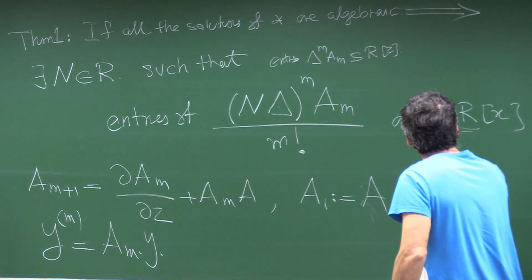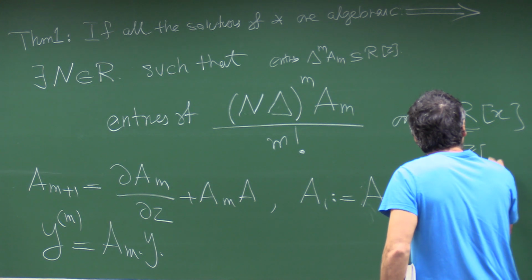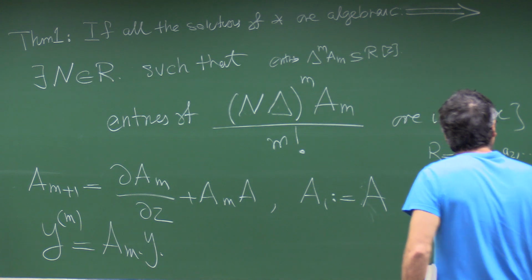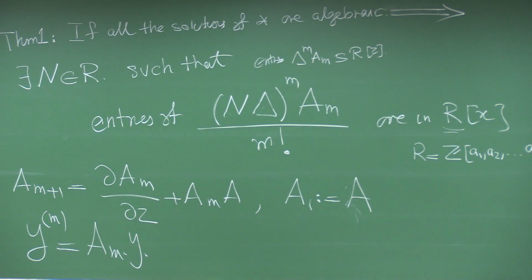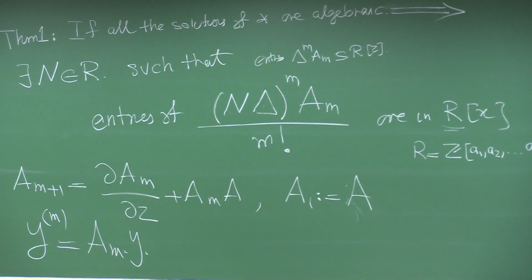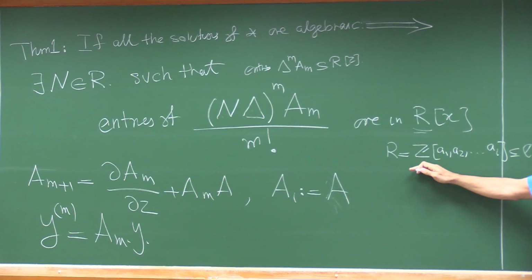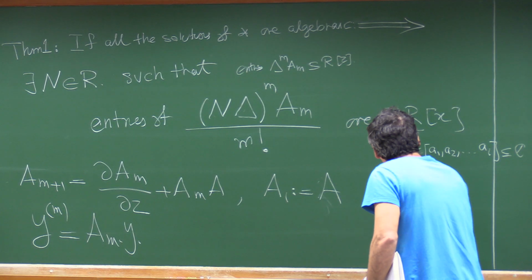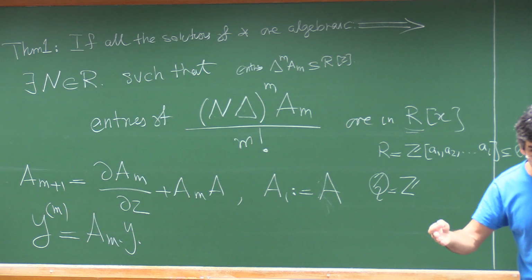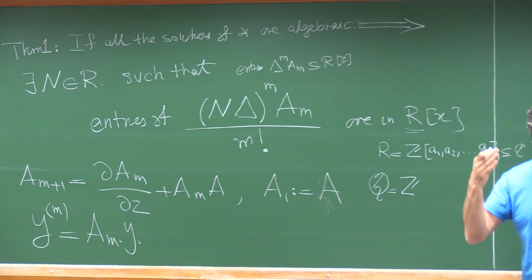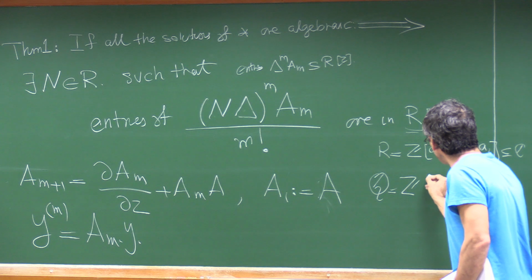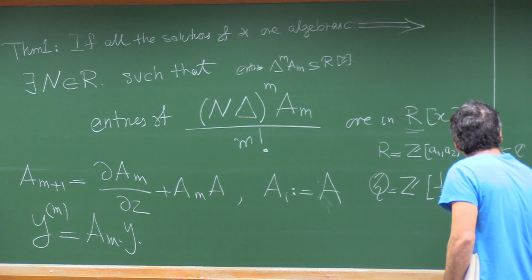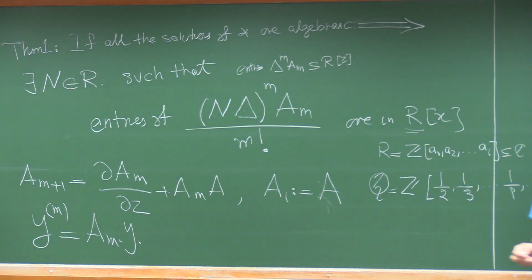Once again, I am remembering that R is Z with some coefficients, and it's a finitely generated subring of C, and at most a finite number of primes might be invertible. And again, I remember that the rational numbers are an infinitely generated subring of C: Z, 1 over 2, 1 over 3, 1 over p, and so on.